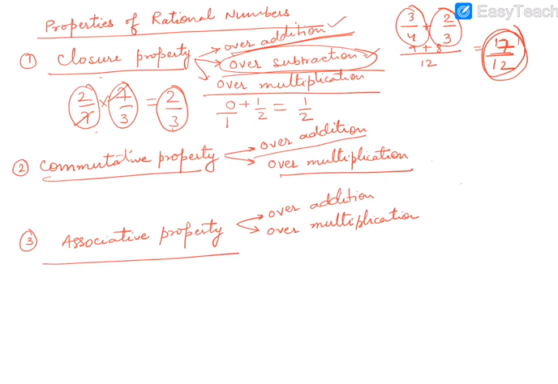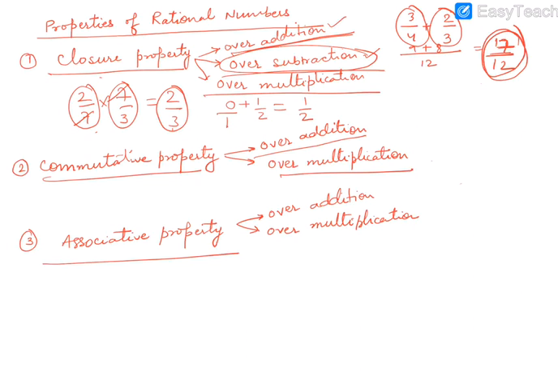When two rational numbers, I'm talking about only two rational numbers. Students, please pay attention. Whether one is positive or one is negative, or both are negative or both are positive, it doesn't matter. But I'm talking about only two rational numbers. When we add two rational numbers in any sequence, the answer remains same.